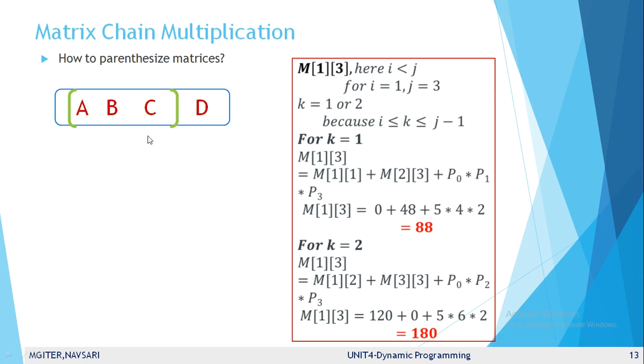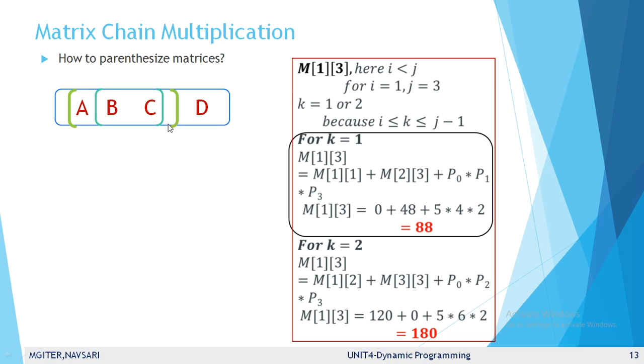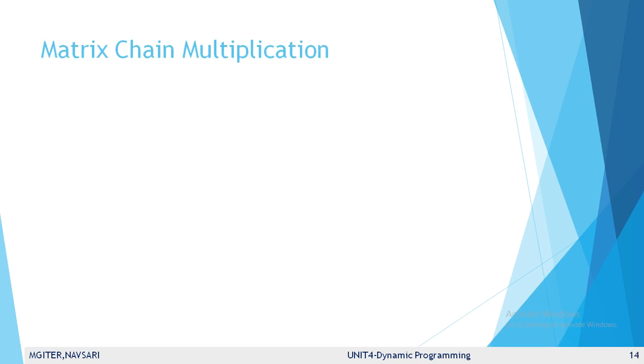So we parenthesize B and C. Here B and C require the less computation. Now first we multiply matrix B with C, and then we multiply with A, and after that we multiply with D. This gives the minimum computation. This is our answer to how to parenthesize the matrices.